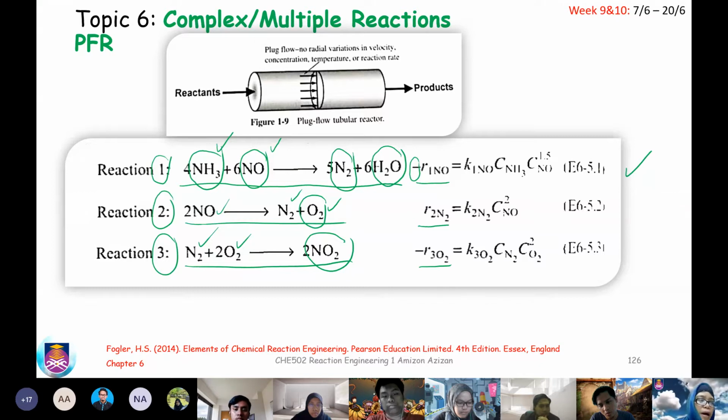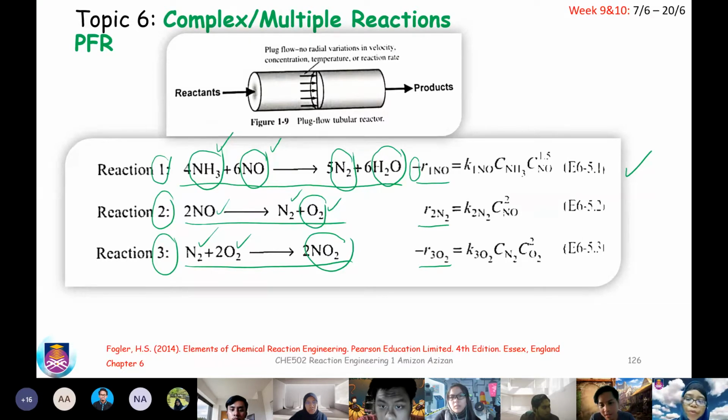You remember earlier when we write the rate of disappearance, we normally choose based on the limiting reactant, correct? Now, my question would be for reaction number 1, what would be the possible limiting reactant? Ammonia. So Mr. Akasha says ammonia.